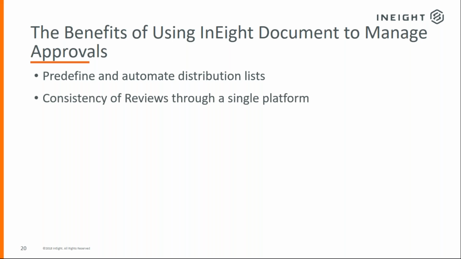You also get the benefit of consistent reviews within the system. Everyone is using a common software, providing input and comments in a common format, which just ensures that the consolidation and review process of all that feedback is very simple and quite uniform.